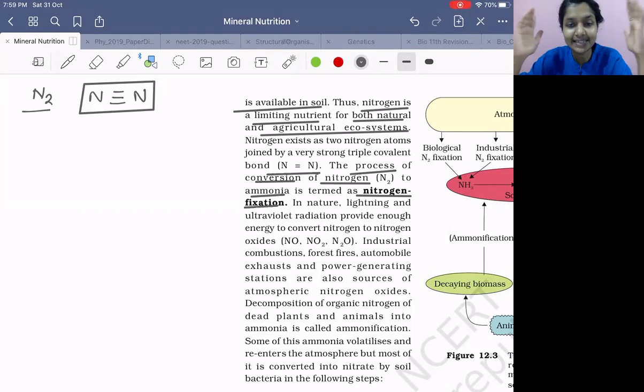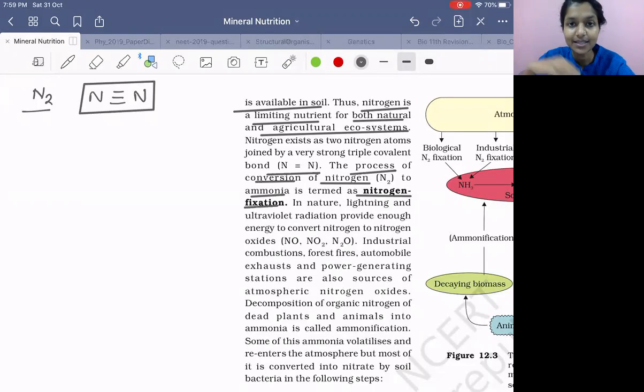Lightning and thundering have a lot of energy. They can convert N2 directly into nitrates, nitrites, nitrogen oxides.